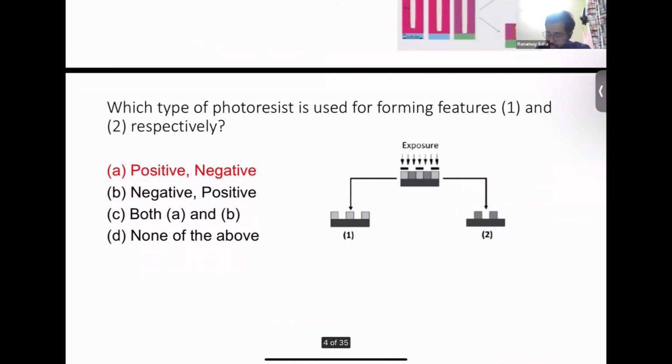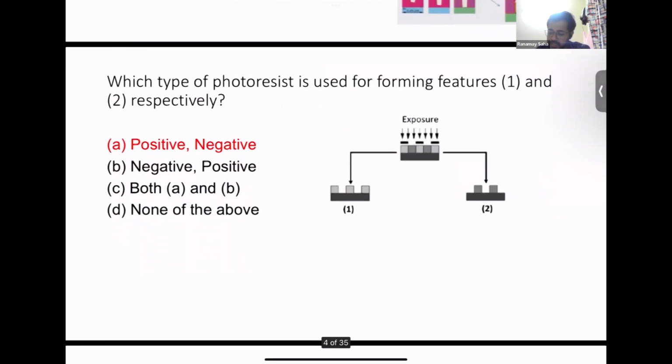So the next question asks for the type of photoresist used for forming the two types of features shown in this particular diagram on the right hand side. So we had discussed in detail positive and negative tone photoresists. Now, you know that in case of a positive tone photoresist, the exposed area gets debonded once you develop it with a developing solution.